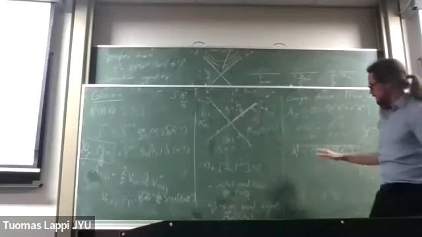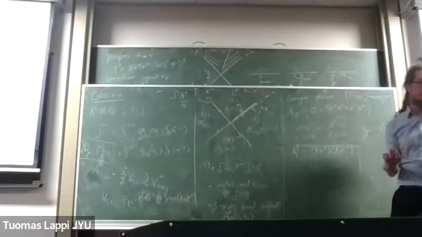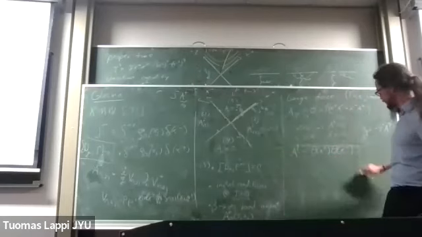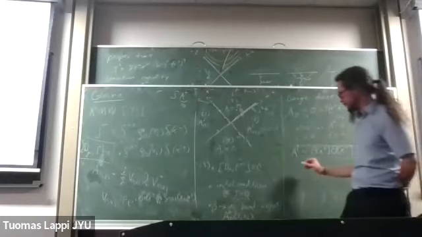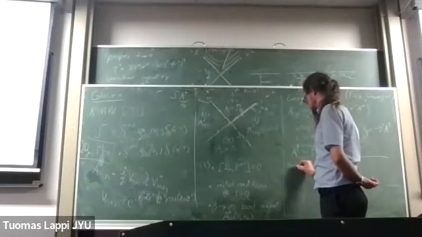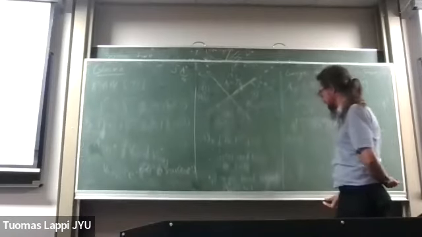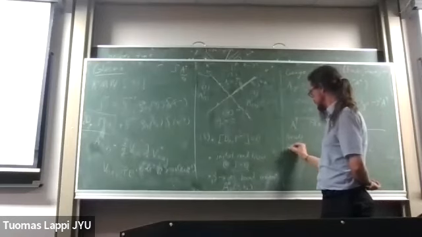Okay, so this is the remaining component, and we don't know yet what it is. So how do we determine what they are? We will just write an ansatz. We first write an ansatz for the transverse components.